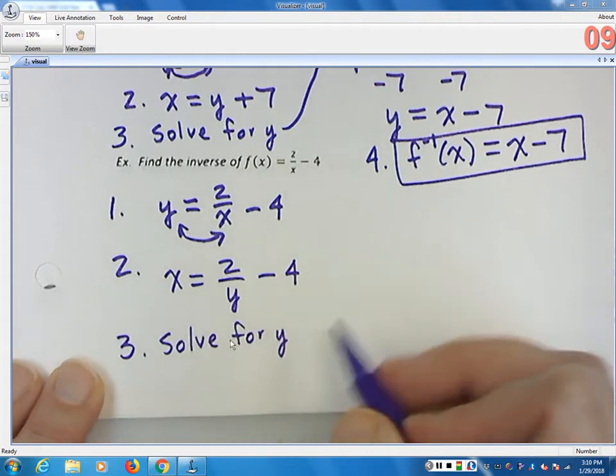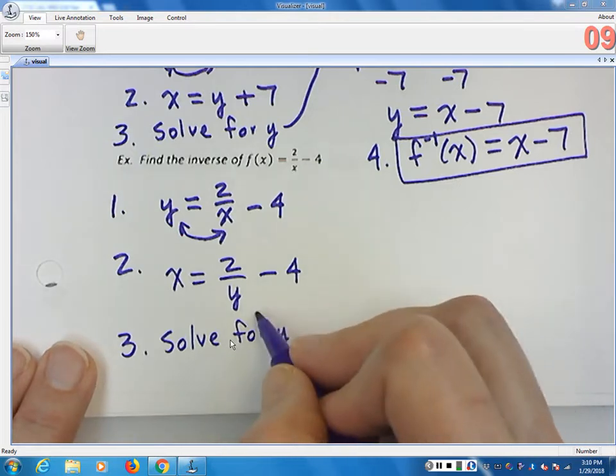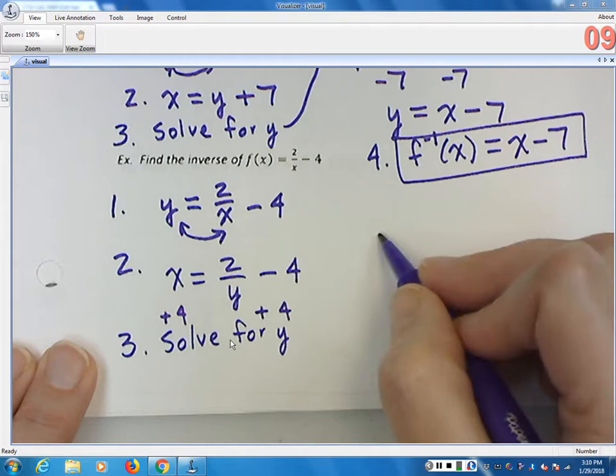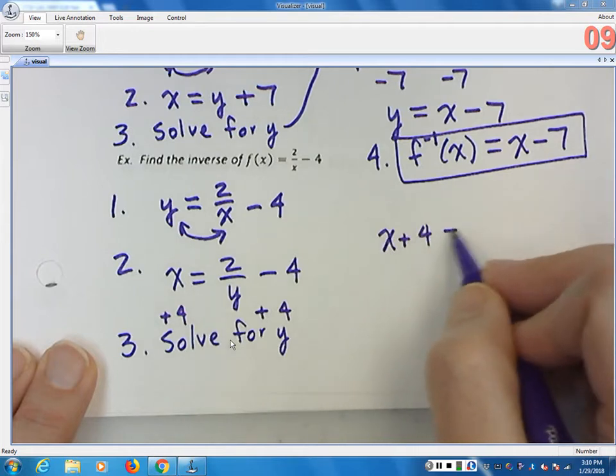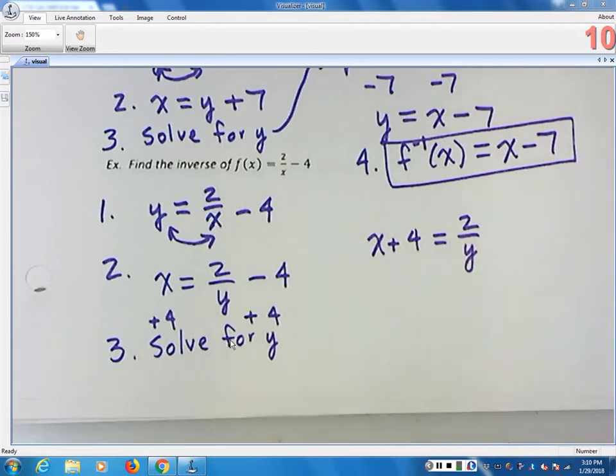So I want to add 4 to both sides. I get x plus 4 equals 2 over y. Now I can write this as a fraction and cross multiply.